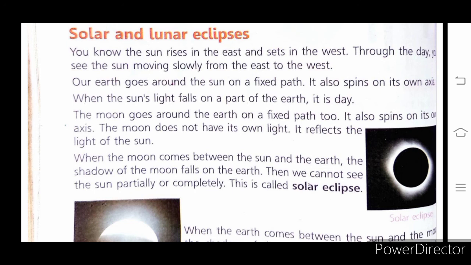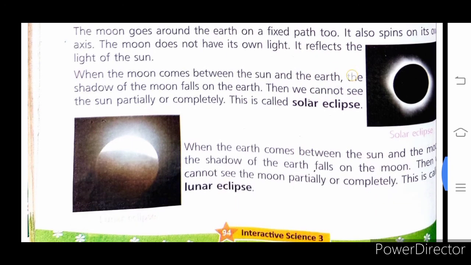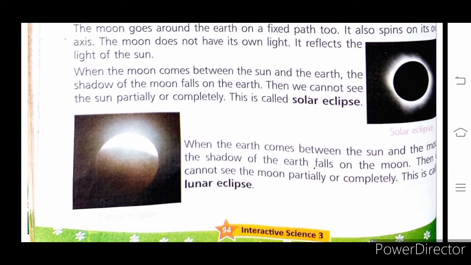So these are some different points between solar eclipse and lunar eclipse. The first picture is your solar eclipse, and the second picture is your lunar eclipse.